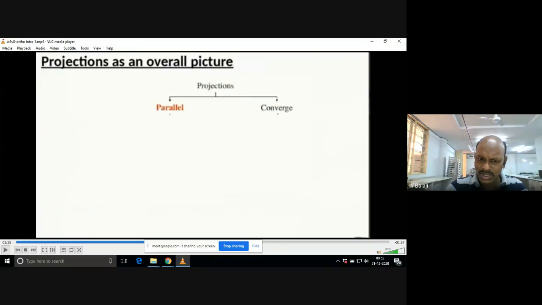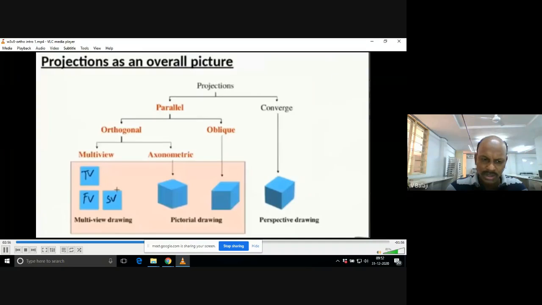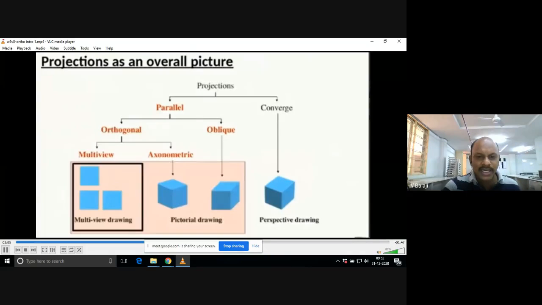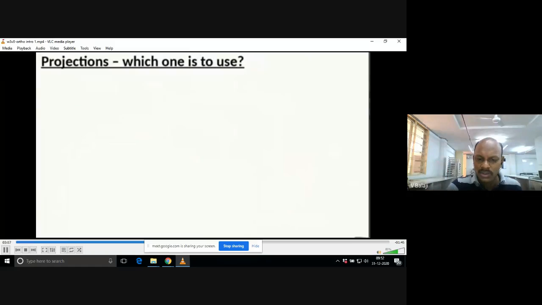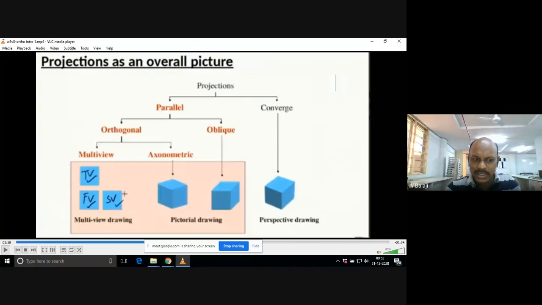Before going to that, I would like to give some overall picture of projections, because the entire second, third, fourth, and including fifth unit also, we are having so many topics.